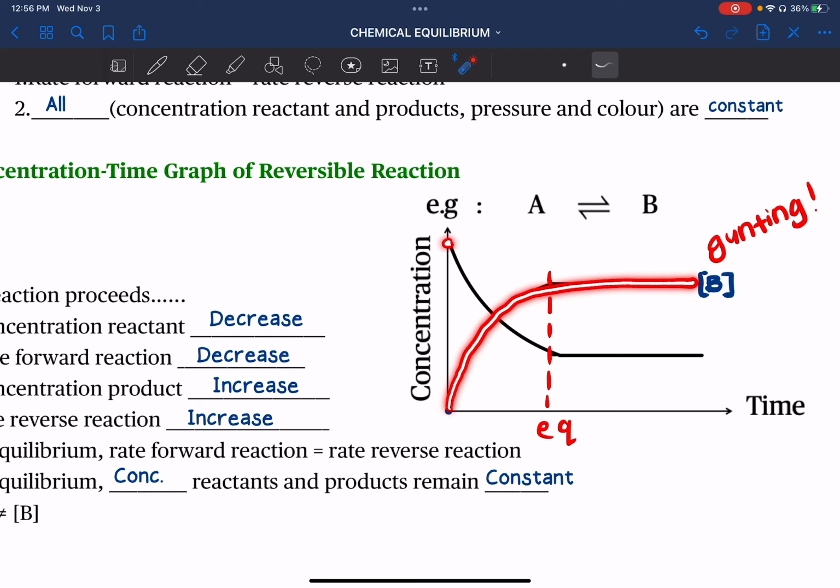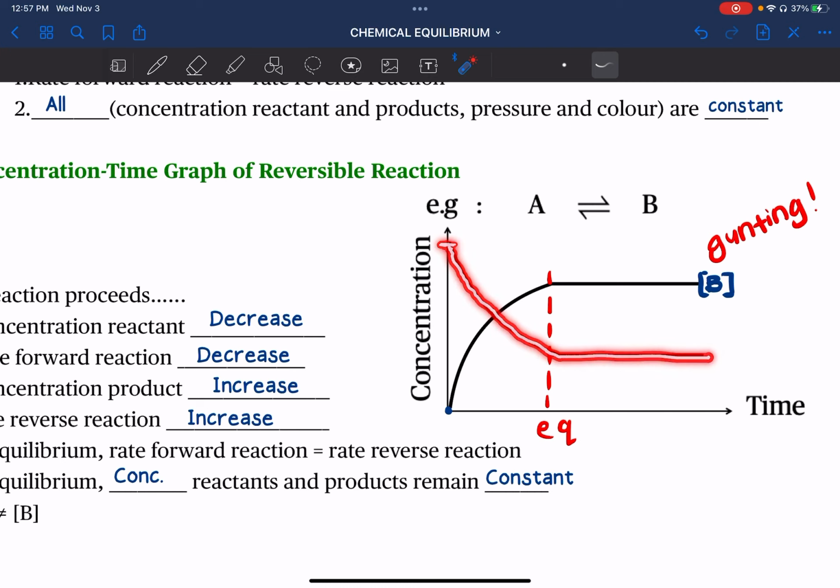Okay, now, the second curve, dia start daripada atas. Kenapa atas? Initially, at the beginning of the reaction, the concentration of reactant is at maximum. Tapi, over the time, you guna A tu untuk hasilkan B. So, maksudnya A ni dia akan berkurang sampai satu tahap dia jadi constant.